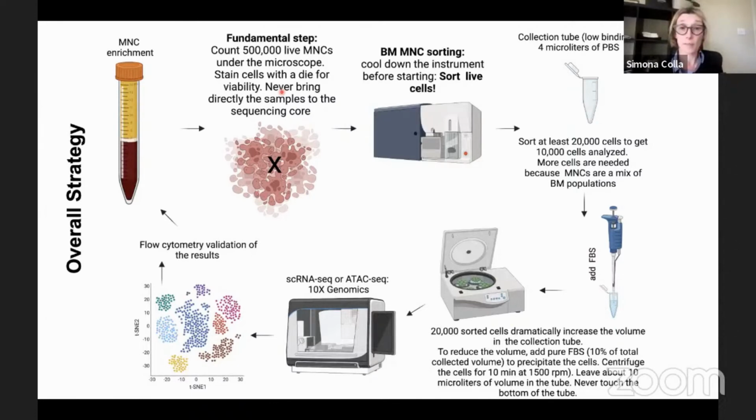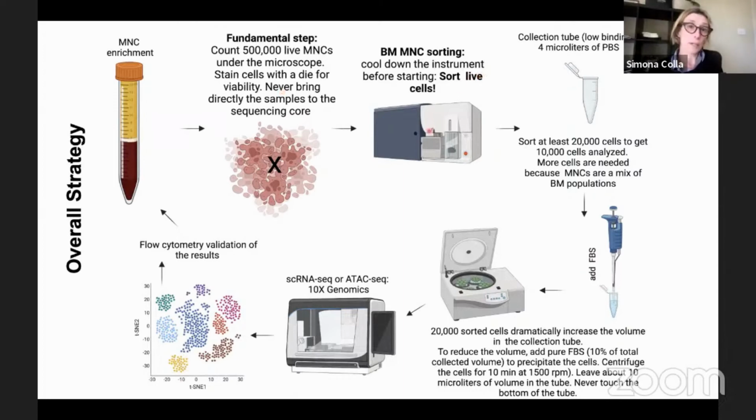Never do this, never. It's fundamental that you sort live cells. Cells need to be live. So you always need to go through the flow cytometry, stain the cells with a dye for viability, and then get the right number at the sorting.